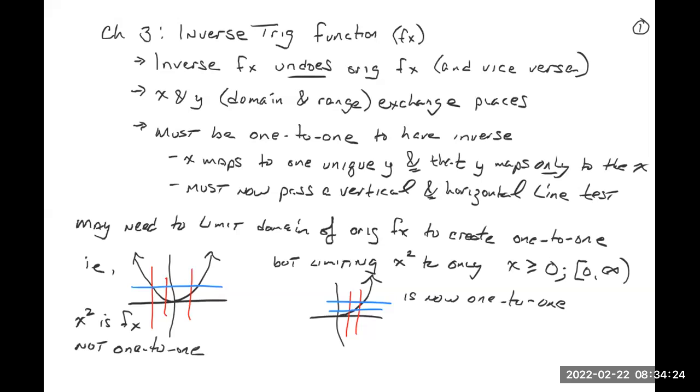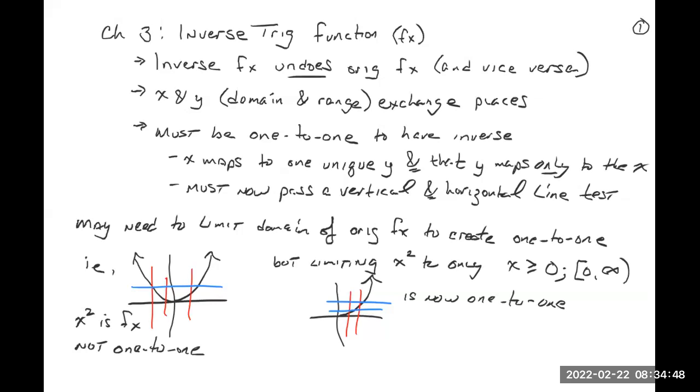One of the things that facilitates this is that x and y, or domain and range, exchange places. What was x is now y. What was y is now x. And this helps us to set up something called one-to-one. A function must be one-to-one to have an inverse.